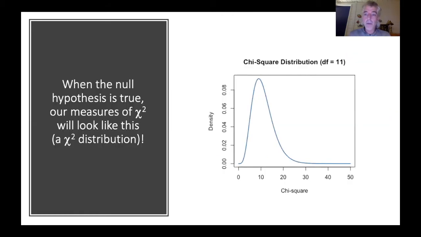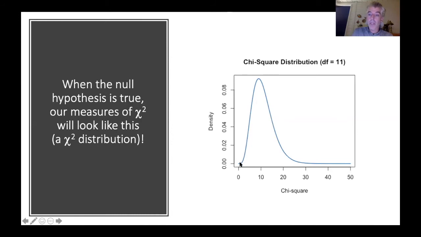So for example, if we look at what this theoretical distribution of chi-squared values is, this is what it looks like. When we have 12 possible categories, when the null hypothesis is true, most of the time our chi-squared value is going to fall in and around 10.